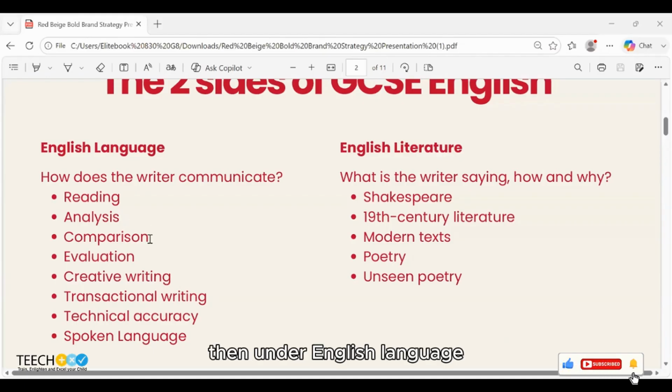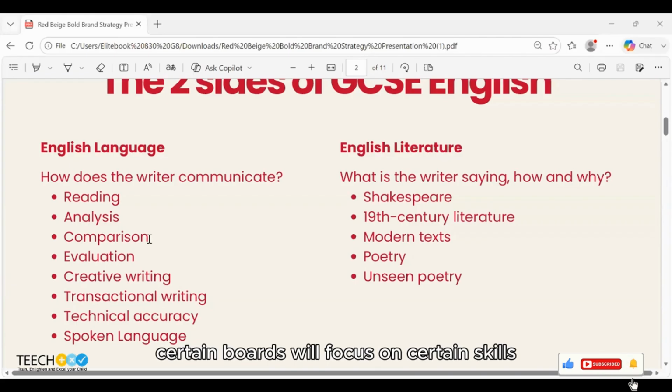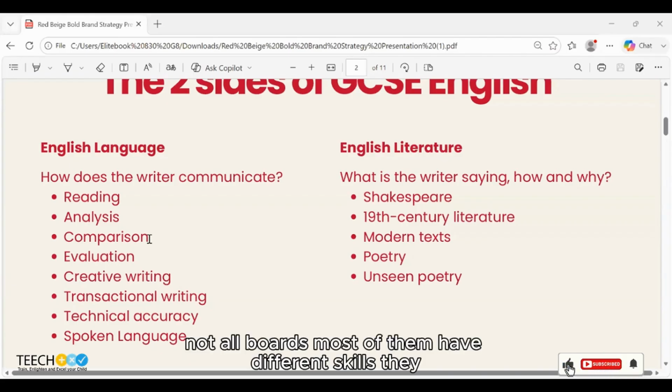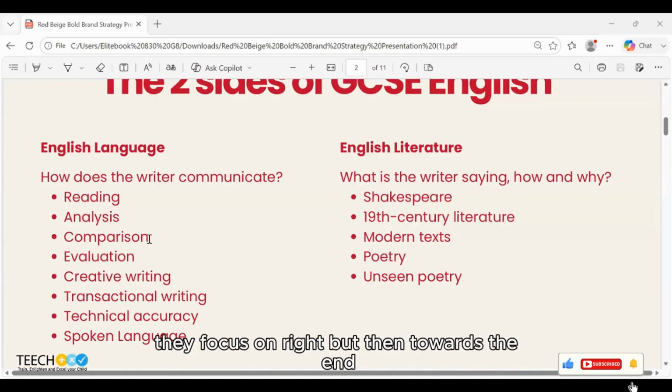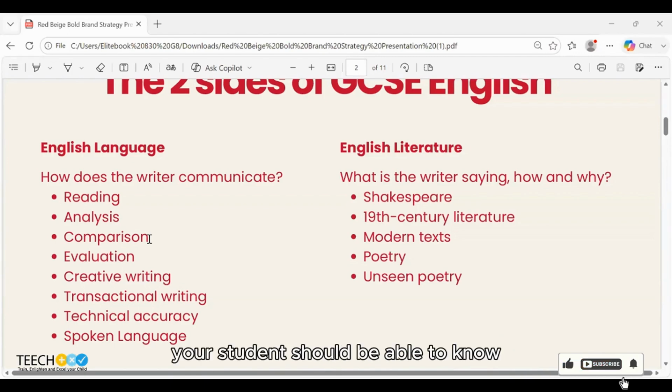Then under English language, this is broadly because certain boards will focus on certain skills. Not all boards, most of them have different skills they focus on, right? But then towards the end, I'm going to tell you one very important thing that your student should be able to know. But let's just move on.